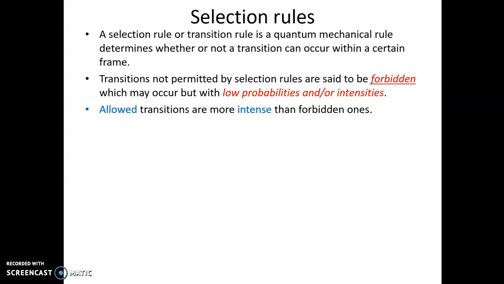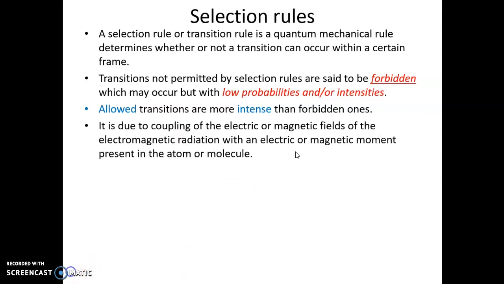So for example, a molecule must be polar for you to observe it in rotational spectrum. If it's not polar, you would hardly observe any rotation.